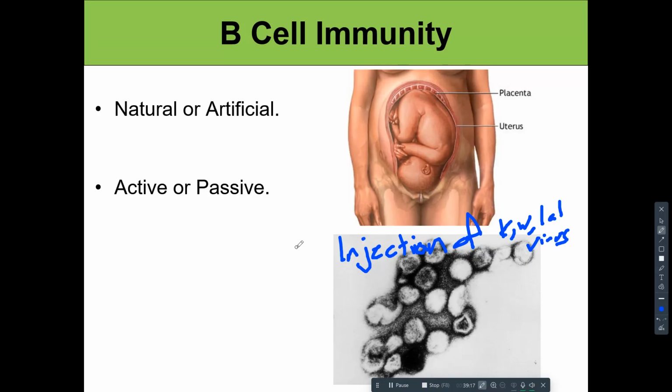This gives us immunity, but spares us the symptoms.